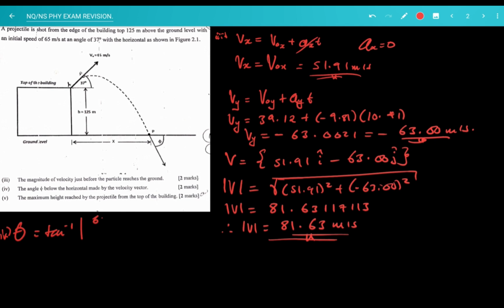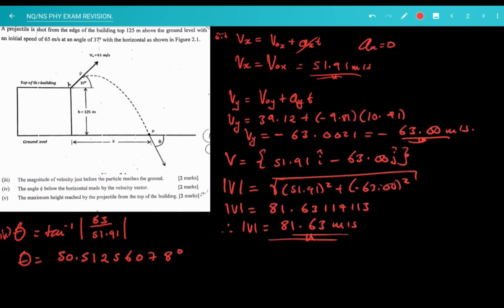So it will be 63 divided by 51.91. Theta will be equivalent to 50.51 degrees.